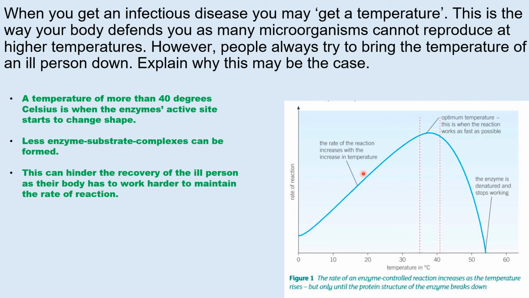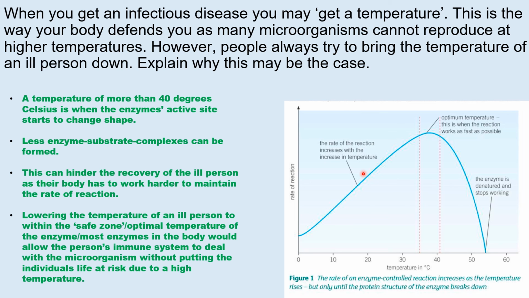Remember, without enzymes, you can't survive. You need to have enzymes to carry out the rate of reaction and increase the rate of reaction for everything, for your metabolism, because without them you will not survive. So lowering the temperature of an ill person to within the safe zone, I've put it in sort of inverted commas here, which is the optimal temperature of the enzyme.